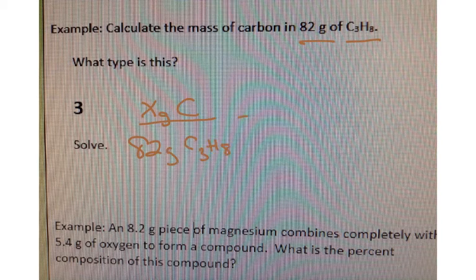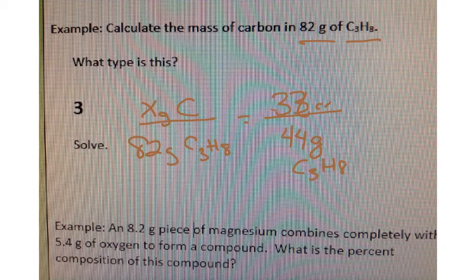Well, I don't know off the top of my head, but what I do know is that I have 3 times 12, or 36 grams of carbon in 1 mole of C3H8, which once again is over the molar mass. So what is the molar mass of C3H8? From the previous problem, we already know that there are 44 grams of C3H8. So I know proportionally that instead of 3 times 12, I'm going to write it as 36.